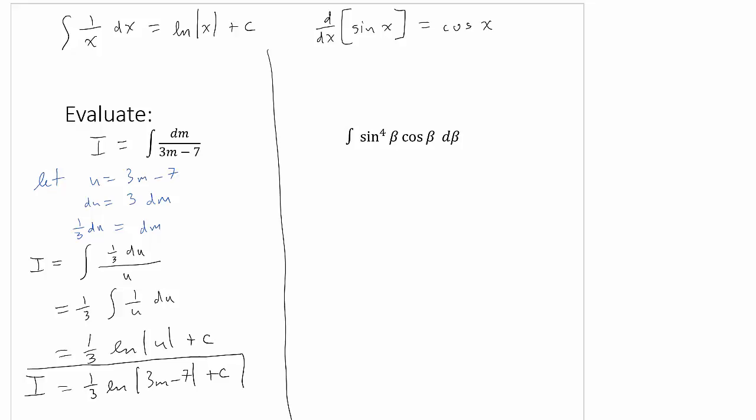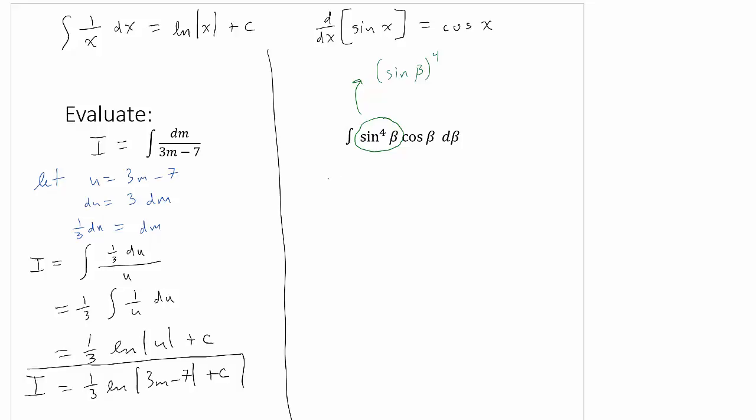And I also remember that this notation here, sine 4th beta, is the same as sine beta and raising that whole thing to the 4th power. That's notation. We have to remember that from trigonometry. So I have sine beta to the 4th power. And now I sort of see what my inside function is.